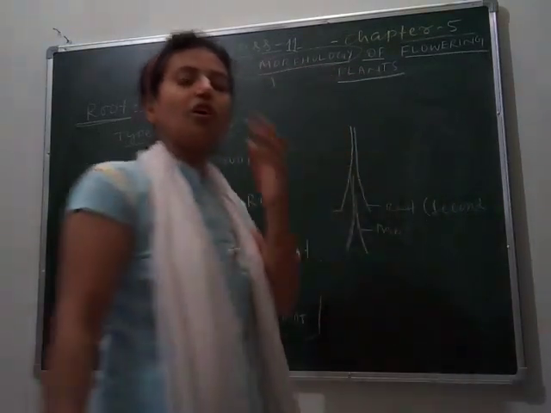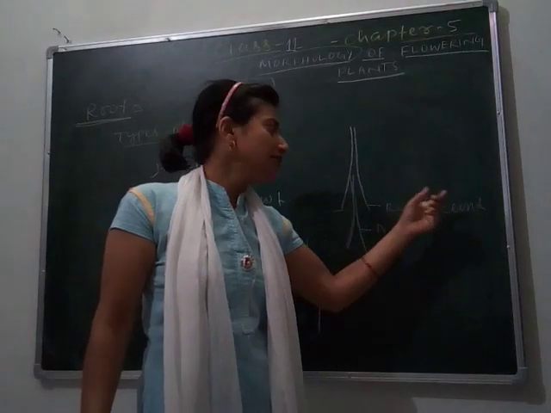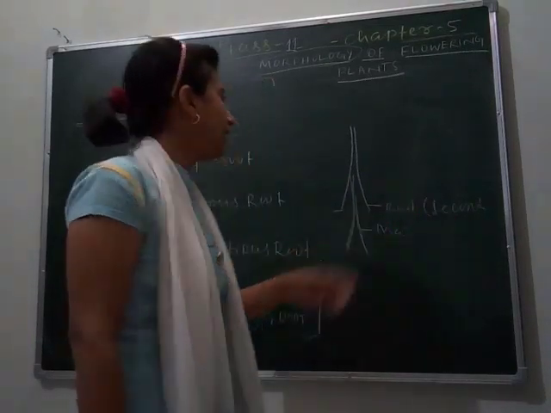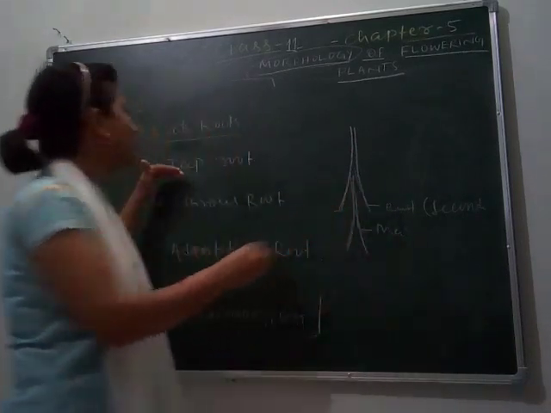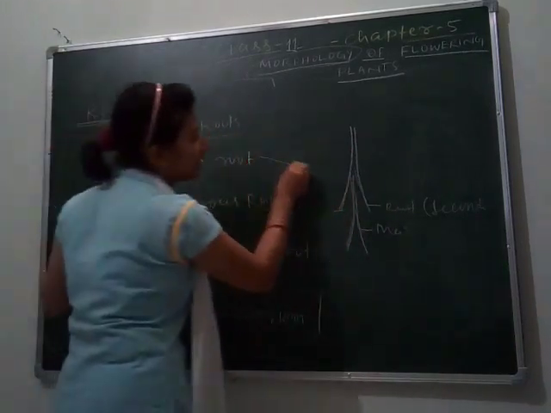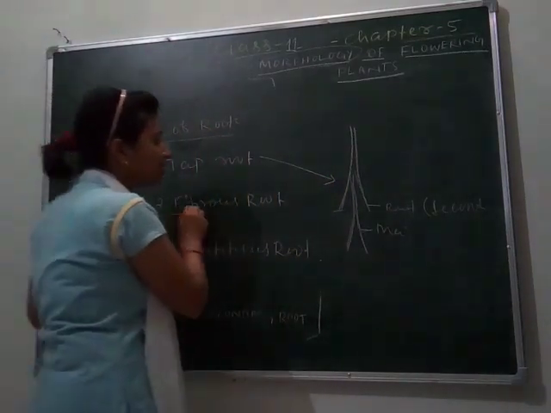This is the main root or primary root, and the parts that arise from the main root are called secondary roots or root hairs. This type of root system constitutes the tap root system. Clear?